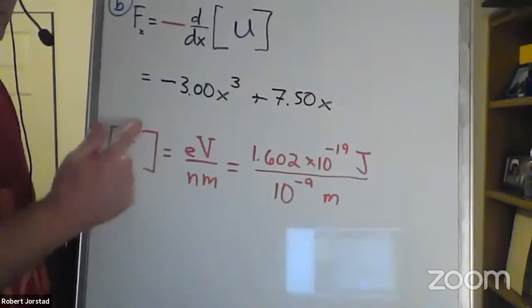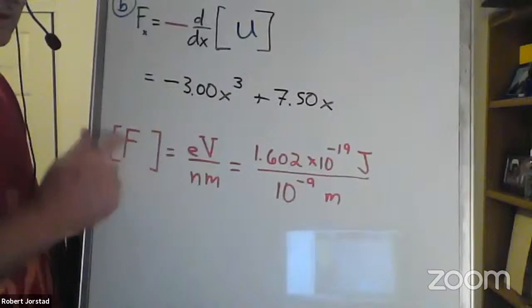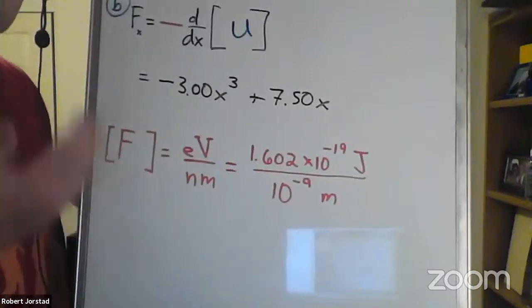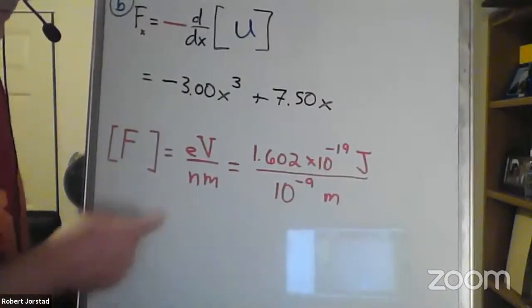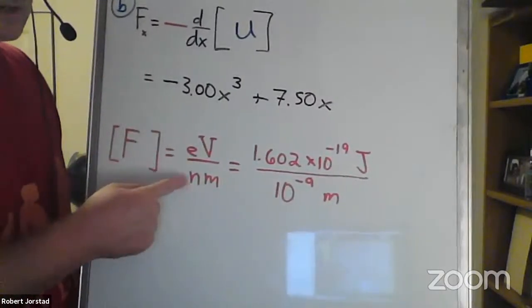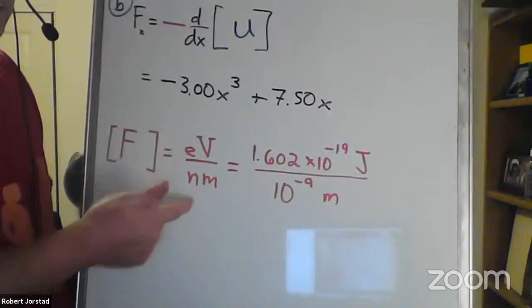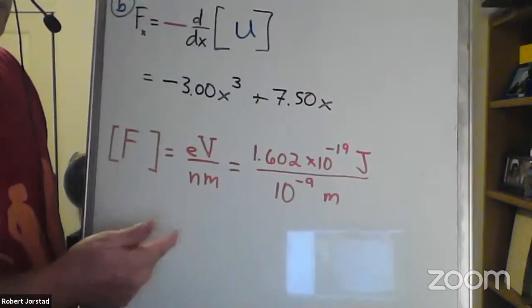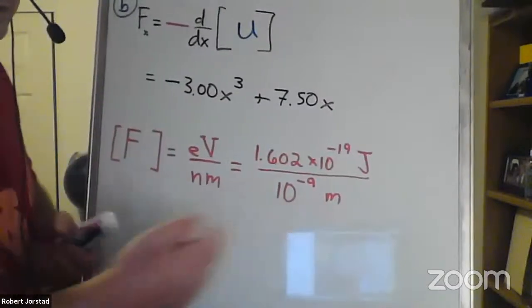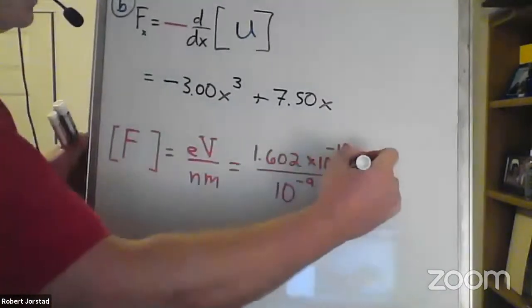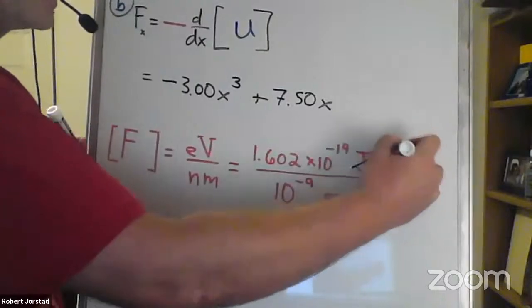The units of force in this problem are the units of slope, basically. The minus sign doesn't matter. The rise was eV, the run was nanometers. So rise over run has units of eV per nanometer. When we work that out, it's got units of joules per meter. But recall that a joule is a Newton times a meter.